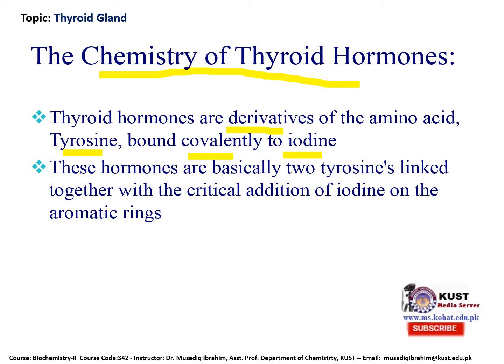Basically, these hormones are made up of two tyrosines linked together with each other, along with the addition of iodine which is attached to the aromatic rings. In the coming slide we will see the chemical structure of the thyroid hormones.